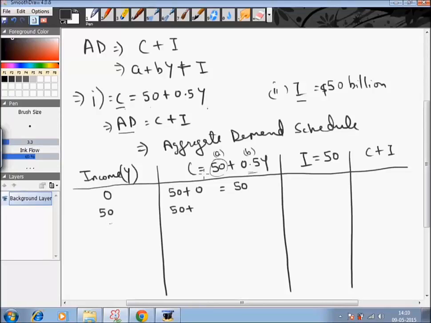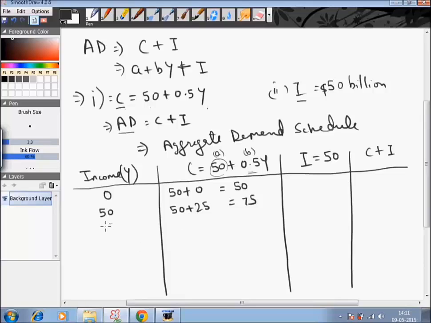So in order to get the value of consumption, we multiply the value of Y by our constant B and add the constant A to it, and we get the consumption level. So 50 into 0.5 is 25, plus 50, it will be equal to 75. Fine.